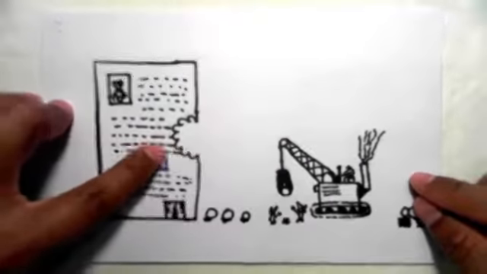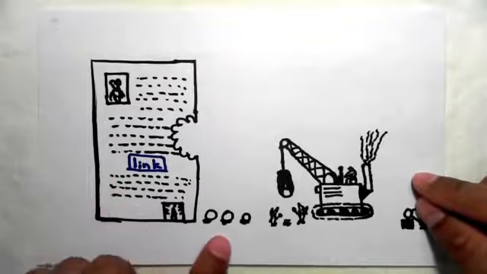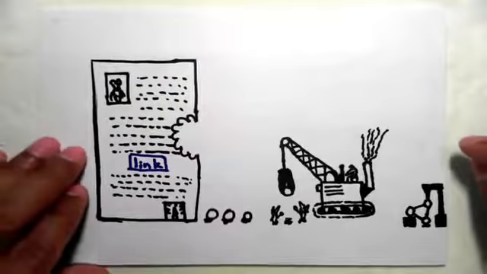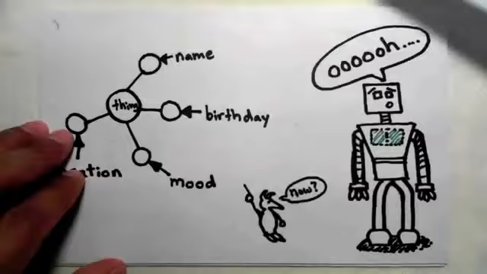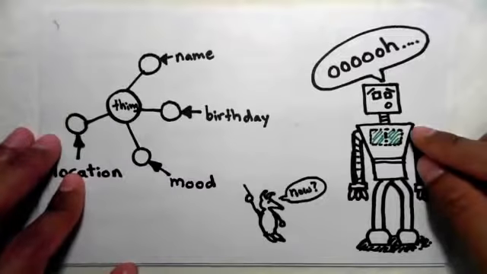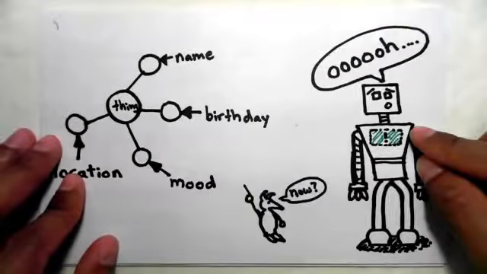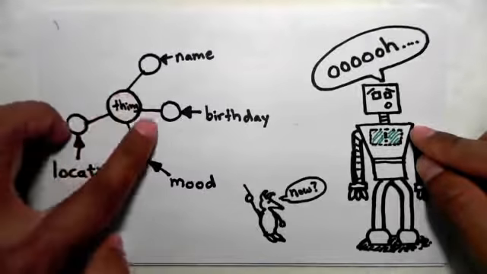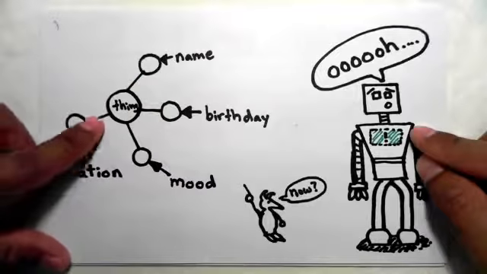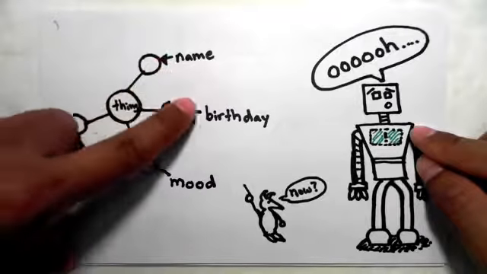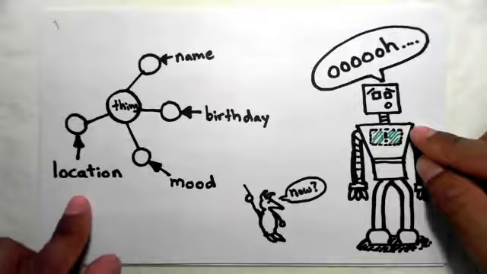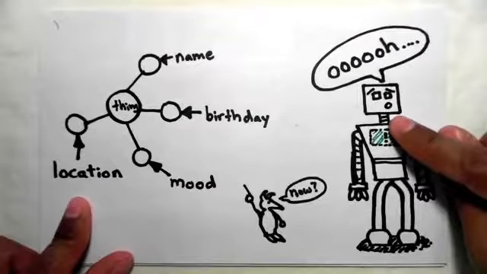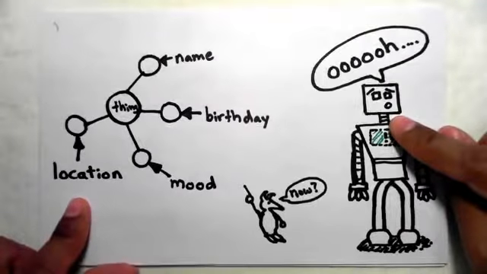They take the little bits and bytes out of the page and package them up in a way that is understandable to computers. So we do things as software programmers, as web developers, that take the pieces of data on the page and package them up in such a way that express things like names and birthdays and moods and locations, just so that computers can understand what we're talking about.